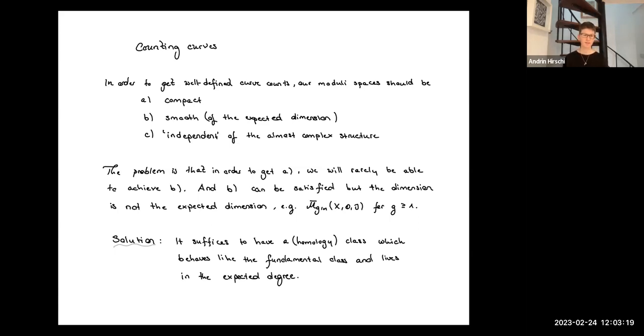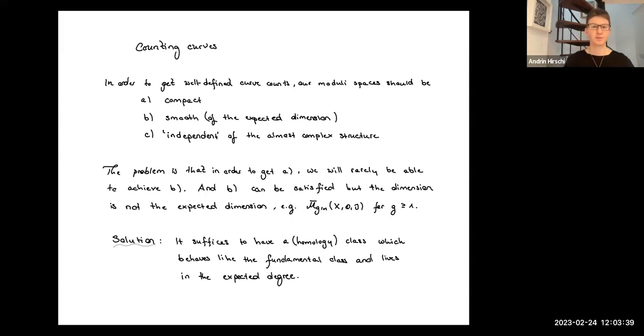And there's an additional problem here: even if they are smooth, they might not be of the expected dimension. So we want to account for this non-regularity of the Cauchy operator. And finally, of course, we want to get symplectic invariants.